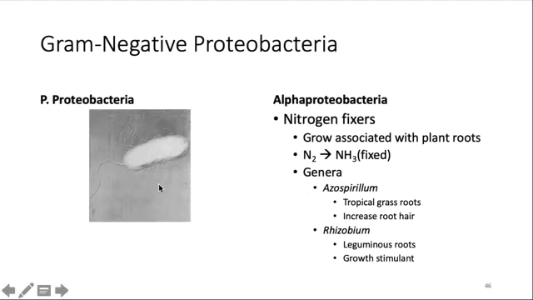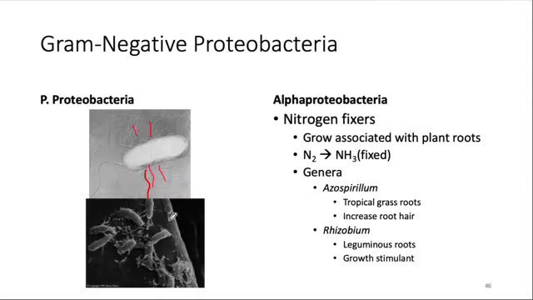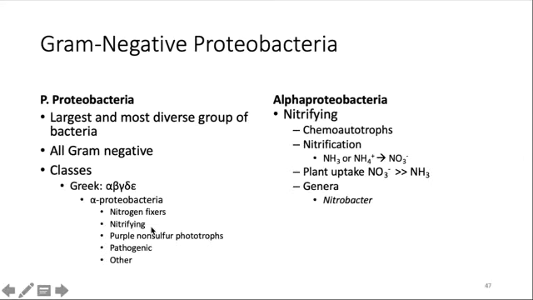So you can see how the roots of plants would appear, with increasing root hairs, and you can see all the flagella that are attached to these bacteria. In this instance, they are attached to the roots of the plant, and so they're benefiting from the food that is available to the plant, and they're helping the plants by fixing nitrogen for them as well.